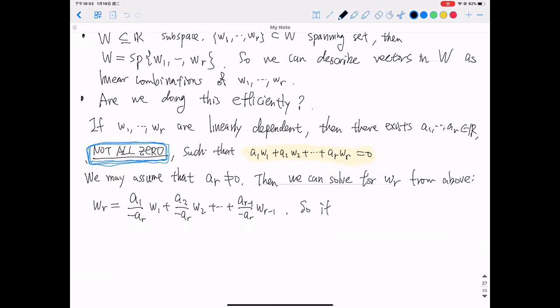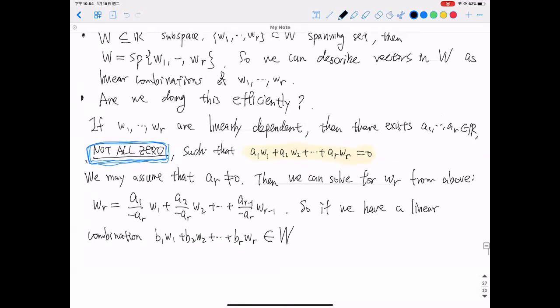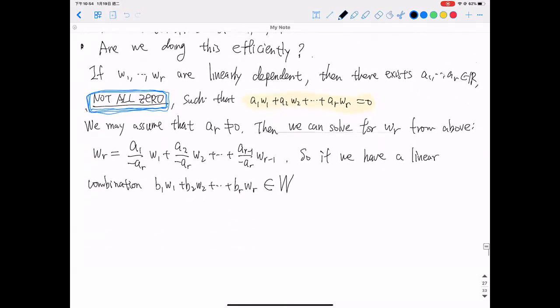So if we have a linear combination, say B1 W1 plus B2 W2 plus up to BR WR, as we've said, we can describe vectors in W as such linear combinations.